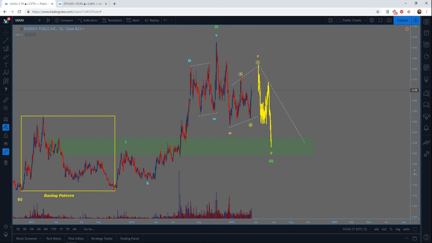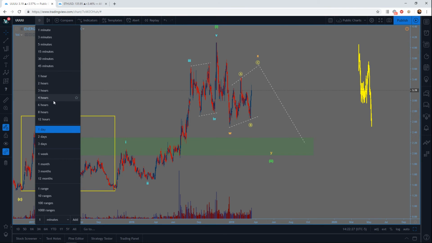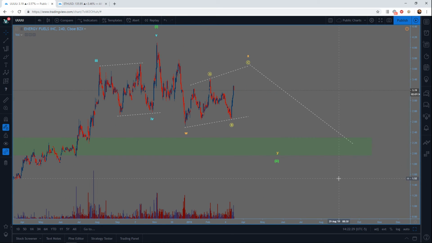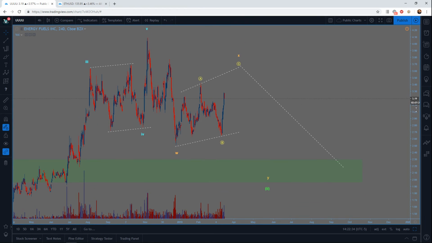Previously, I thought, hey, we've got a W here, so we should be looking for a Y to form after this X top. But as X is played out, it looks more like a 3, 3, 5 corrective pattern forming here. So I think we have a flat filling out right in here.